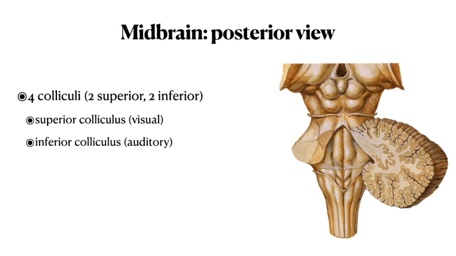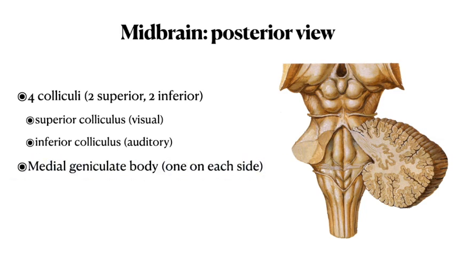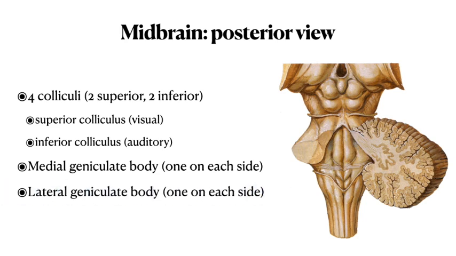The superior colliculi are related to the visual function, while the inferior colliculi are related to the auditory function. In addition to the 4 colliculi, on the posterior view and lateral view of the midbrain, we can also see medial geniculate body and lateral geniculate body.